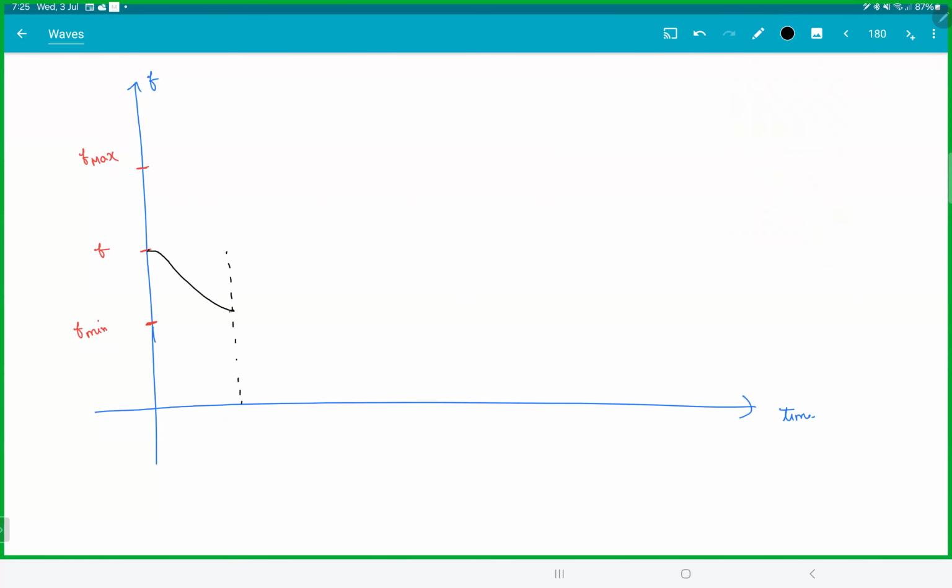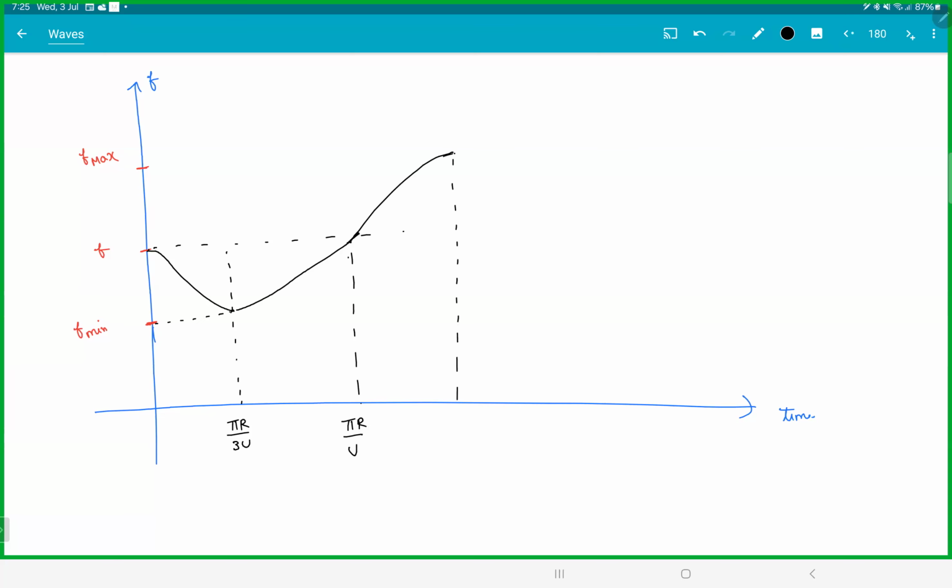Pi r by 3u. So at pi r by 3u, you reach minimum. Then from there, again you reach the f value. That means you have completed half a revolution, pi r by u. Then from here, you will go to maximum.